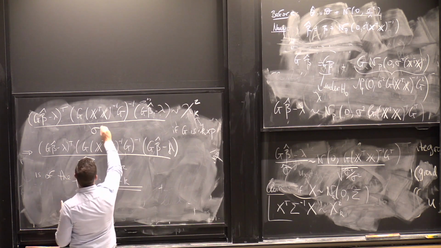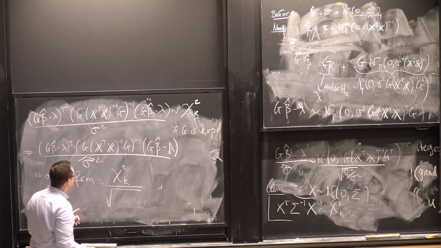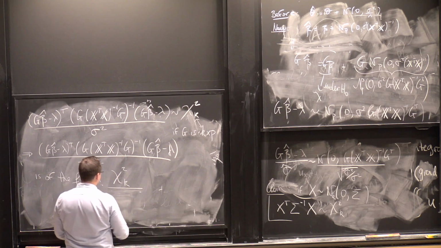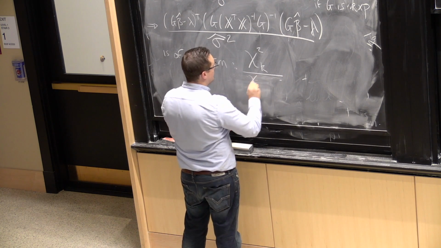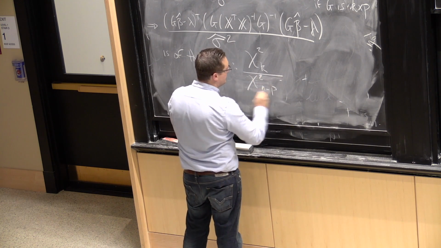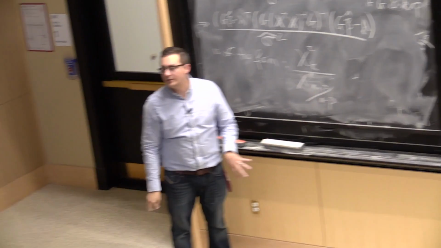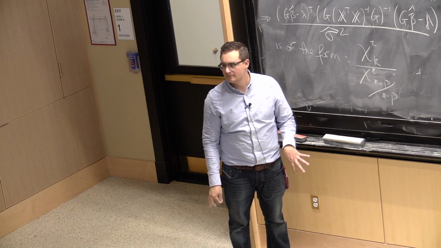So this is sigma squared, right? So this is of the form divided by chi squared n minus p divided by n minus p.